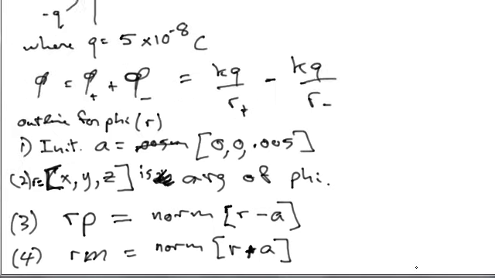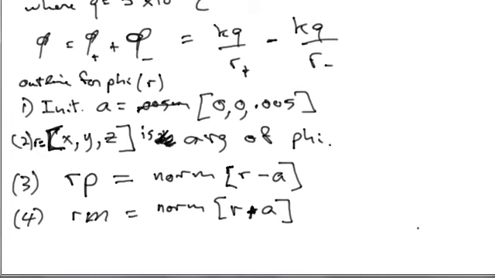Okay, and then init k, initialize k equals 8.99 times 10 to the plus 9, and q is equal to 50 times 10 to the minus 9 coulombs, and this is Newton meter squared per coulomb squared.